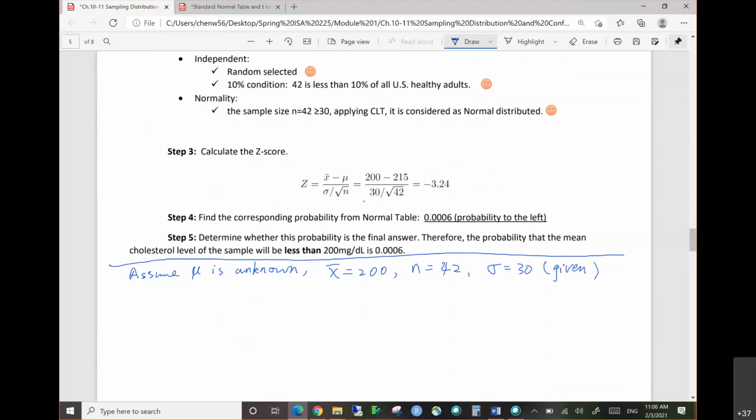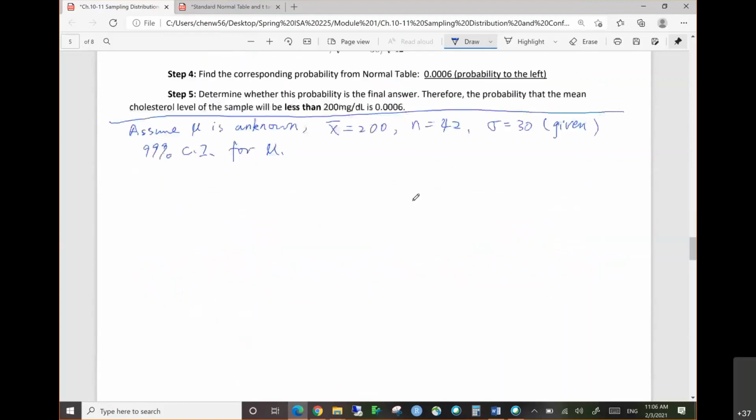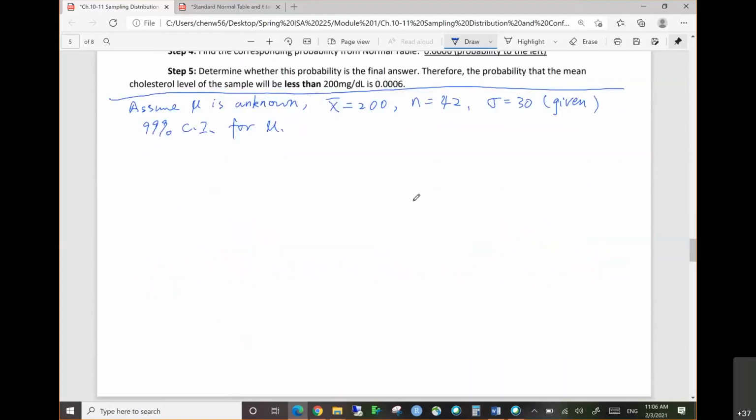Based on this information, I want to get a 99% confidence interval for the population mean mu. You can calculate, step 1.